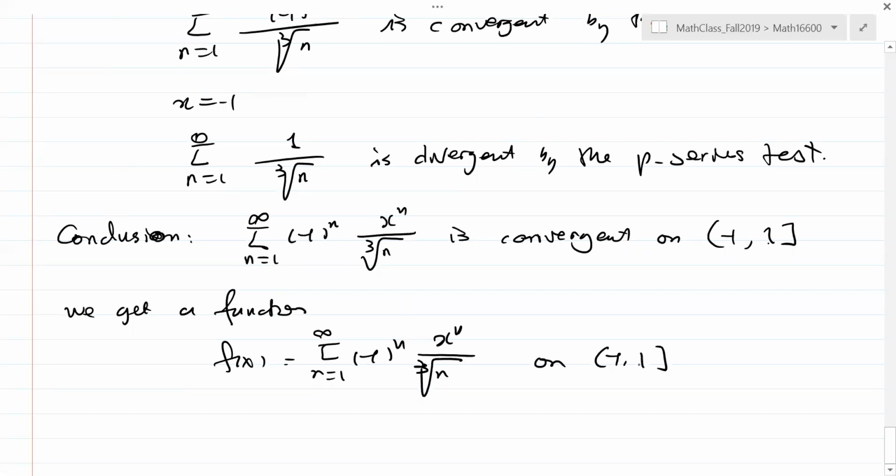Can we express this function using elementary functions? I don't know, and I don't think so. Sometimes you can. If this is a function you get from a very special equation, and that equation becomes very popular, like the Maxwell equation, then you spend time trying to study and understand this function, how this function behaves when x approaches 1 from the left-hand side.